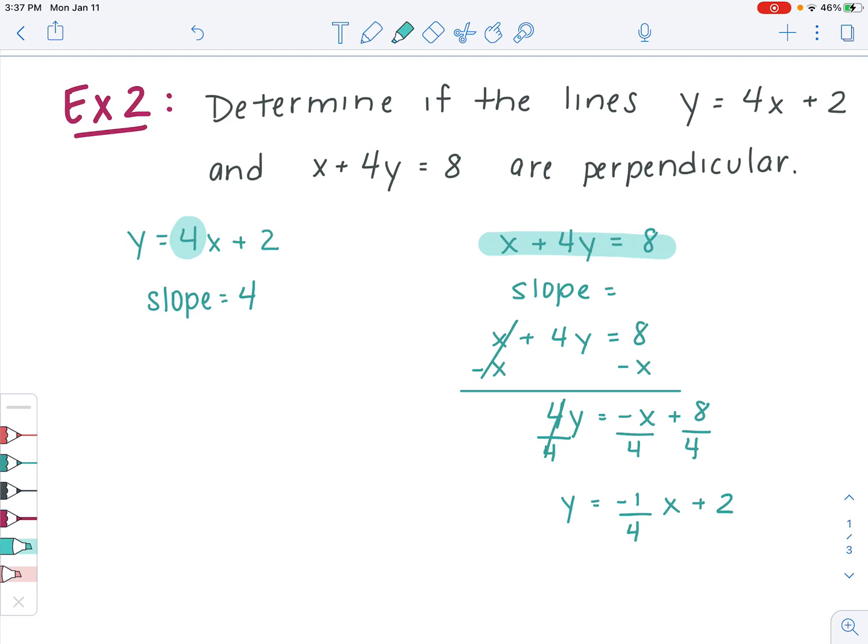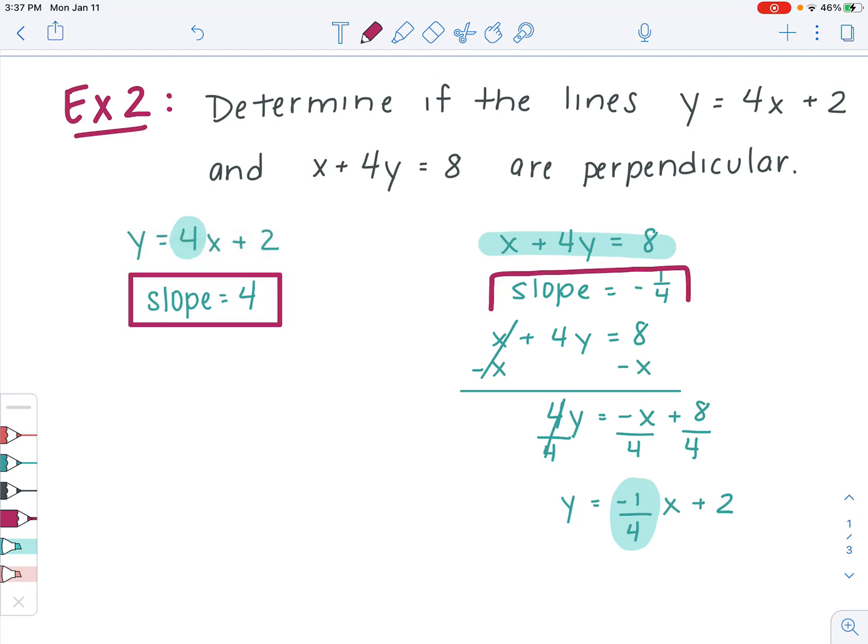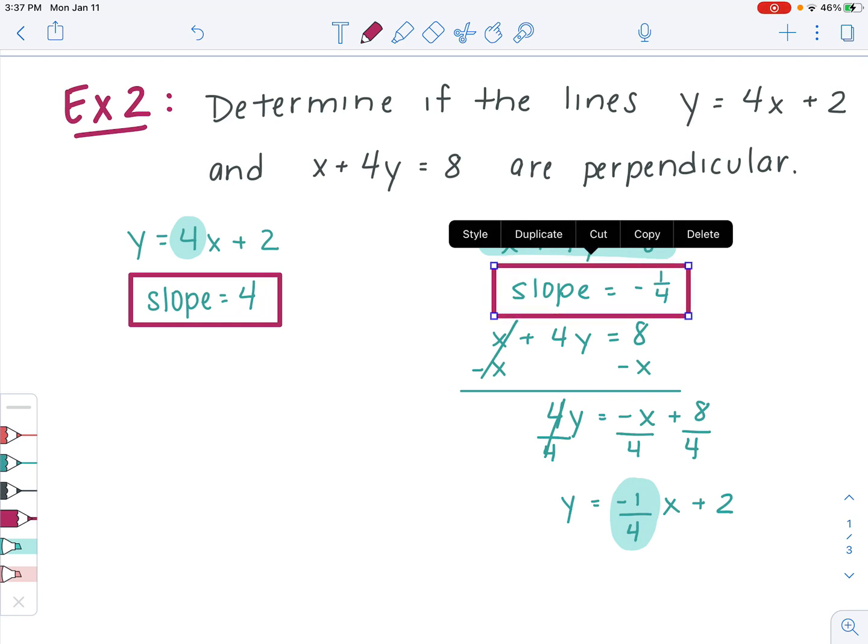So now when I look at it, I can pick out my slope. I see that my slope here is negative 1/4. So when I look at a slope of 4 and a slope of negative 1/4, I notice one's positive, one is negative. 1/4 is the reciprocal of 4.